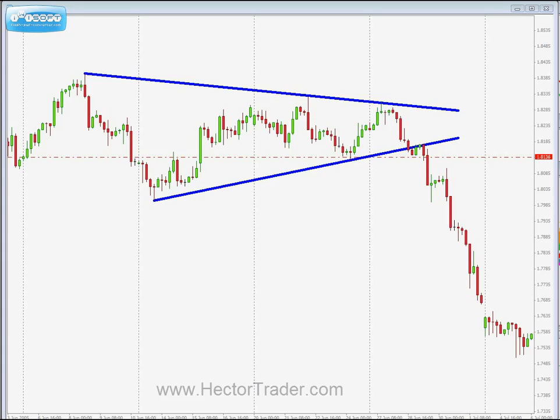In this case, we can clearly see a nice red bar in the direction of the breakout. That means sellers are outnumbering buyers, and that's why you get large, massive bars in this breakout.